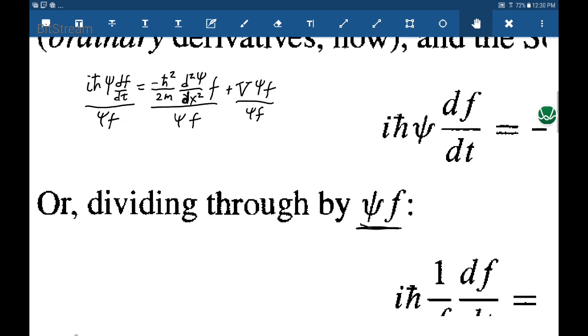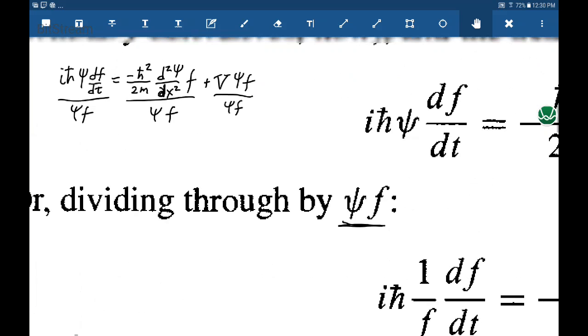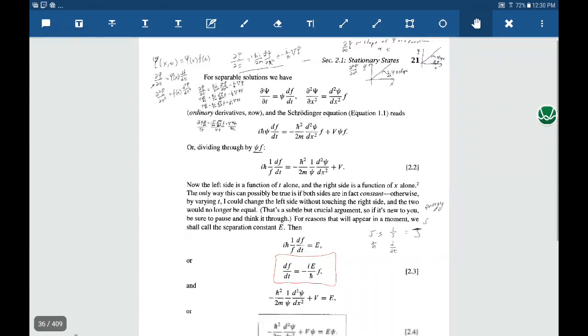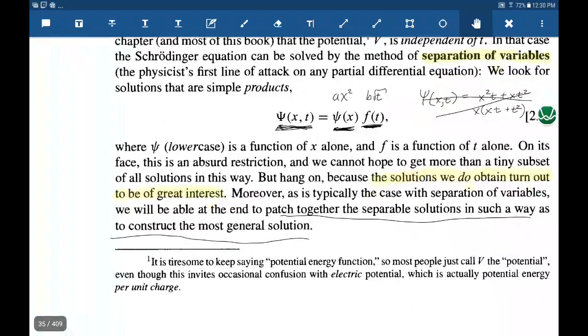At the end of that, my V is left alone. It's funny, he has a footnote here saying it's tiresome to say potential energy function, so most people just call V the potential, even though it invites the occasional confusion with electric potential.